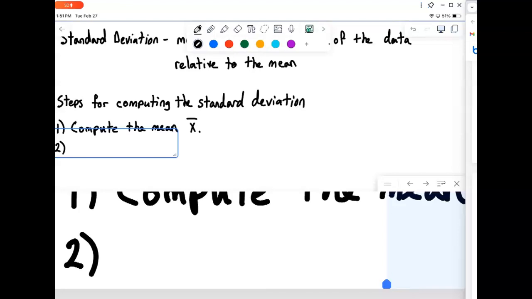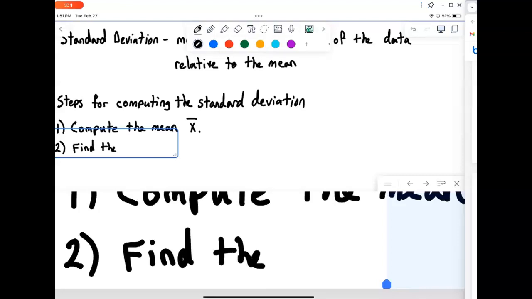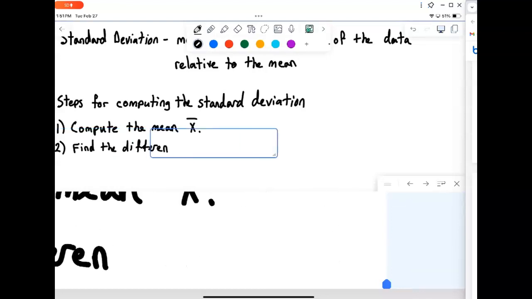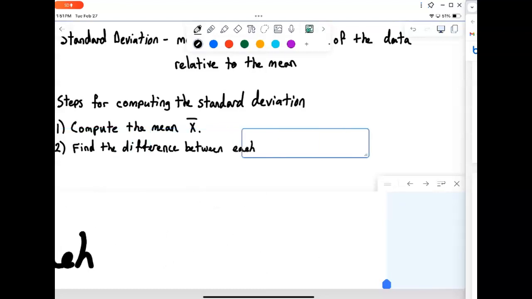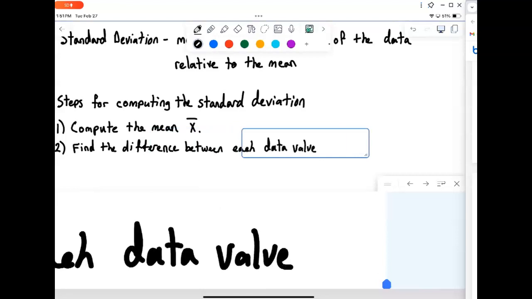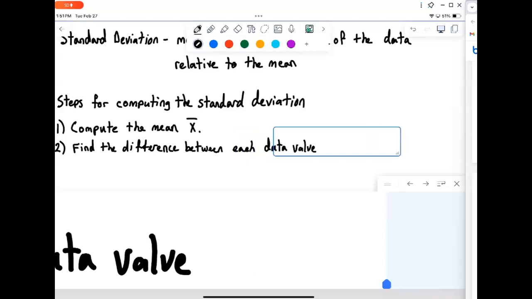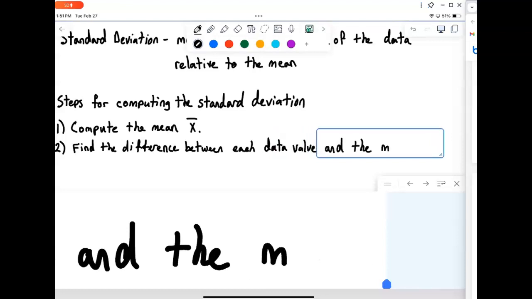Step 2 is we find the difference between each data value and the mean.